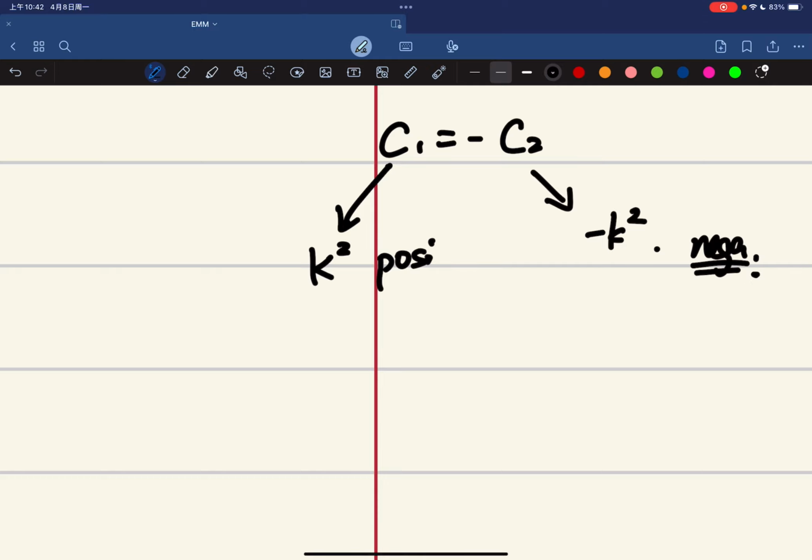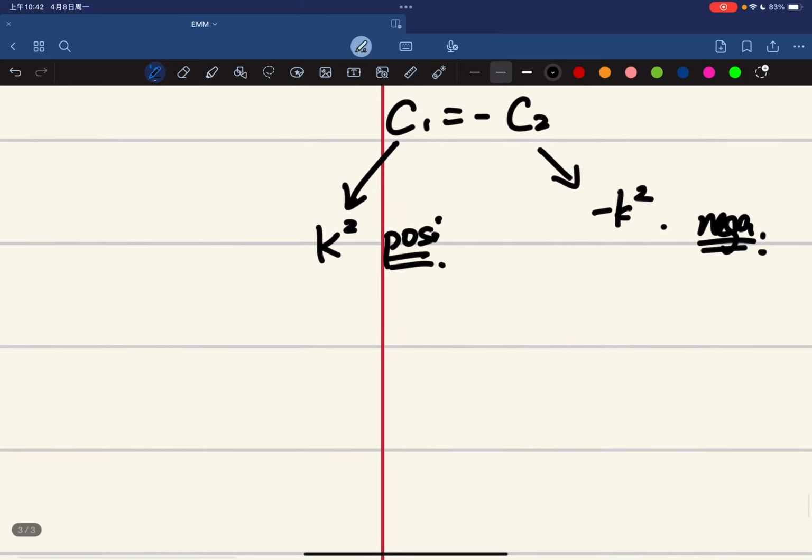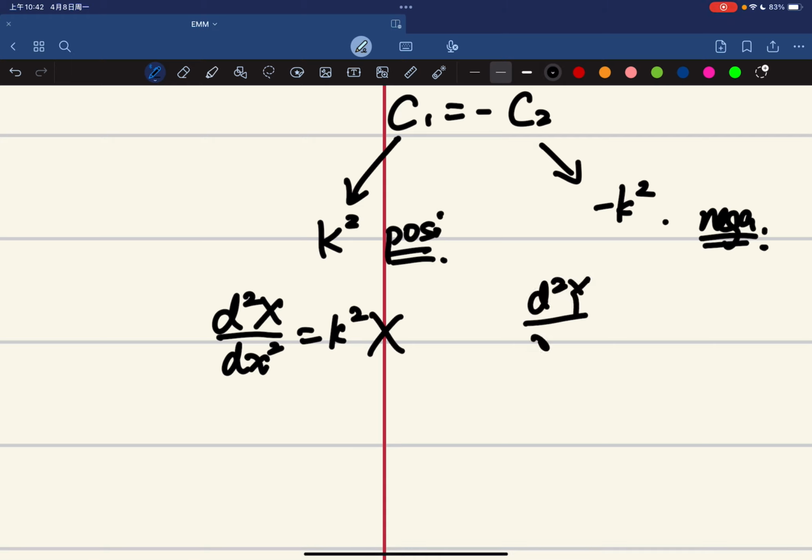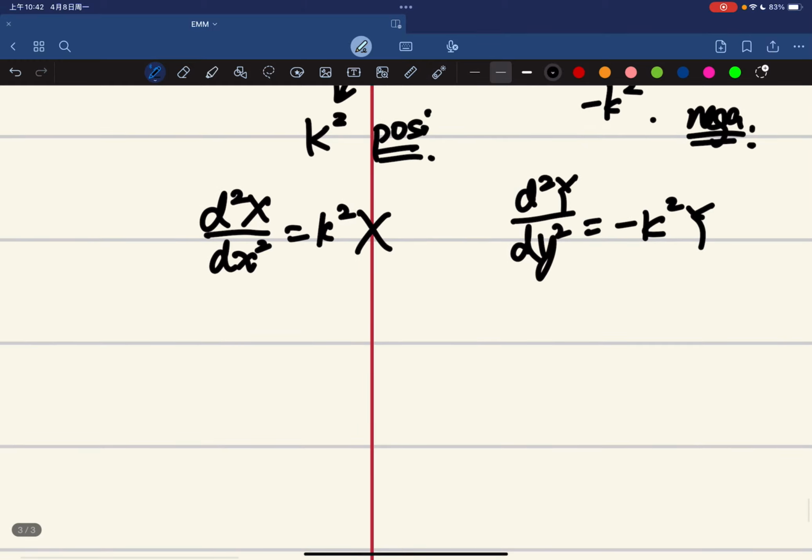The reason will be very clear later. So if I do that, we have this form, right? d squared X over dx squared, and d squared Y over dy squared. Okay, we have this.